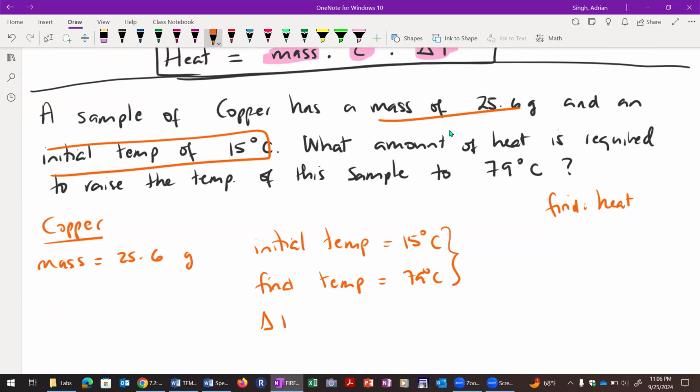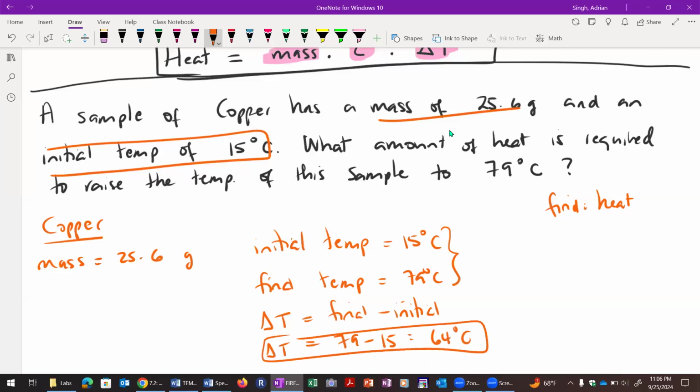And the change in temperature, the change in anything, is always the final minus the initial. So right away, we can determine the change in temperature as 79 minus 15, and that would give 64 degrees Celsius. That is going to be my delta T. Okay, I have my mass as 25.6 grams.